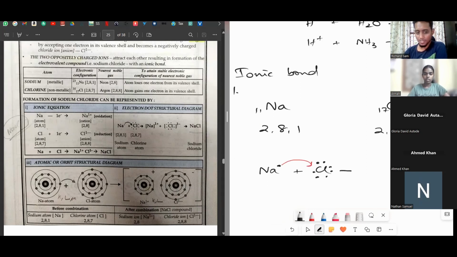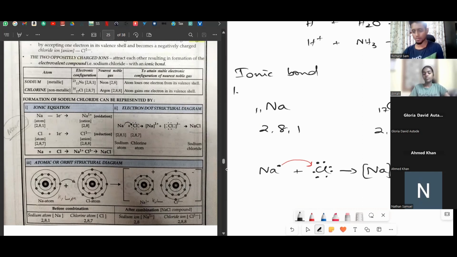Now, when the transfer takes place, what happens to Na? Na will become an ion. So put a bracket like this and put 1 plus. Na will become 1 plus and Cl will become what? 1 minus, right? But for Cl, you have to show the electrons now that are there. That is 1, 2, 3, 4, 5, 6, 7, 8.